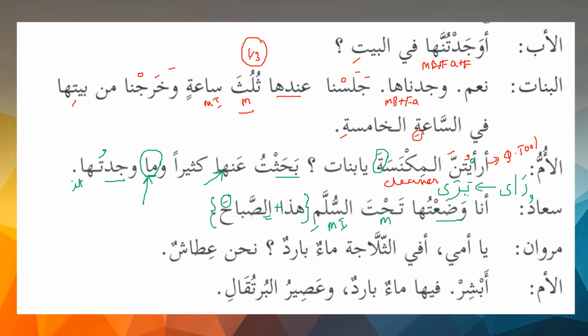So Marwan says, ya ummi, oh my mother, afi, now this is a questioning tool. Afi thallajati, due to this harf jar, it should be thallajati. Thallaja means the fridge. Ma'un baridun, so this is a sifa for ma. Barid means cold.